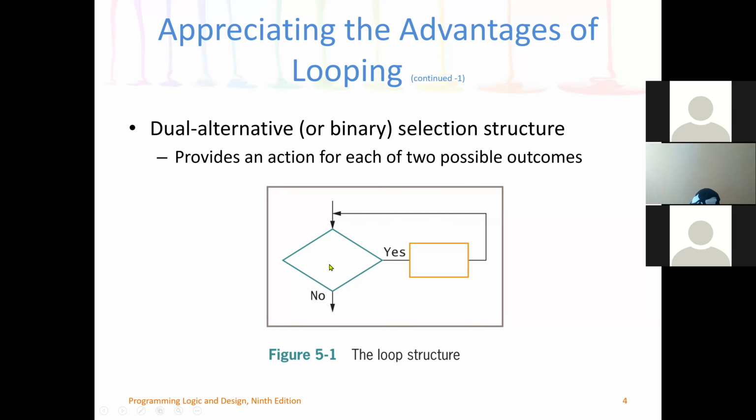Check a condition. If it's true, which is yes, we execute whatever task, then we come back again to test the condition. If it's true, we execute our task and come back again to check the condition. If it's false, we come out of the loop.